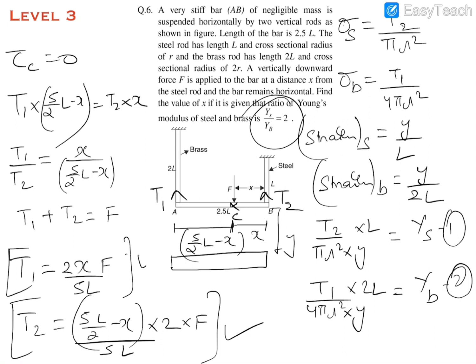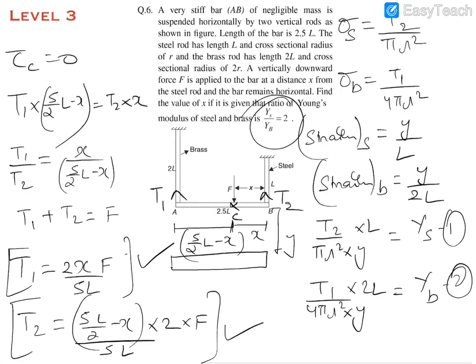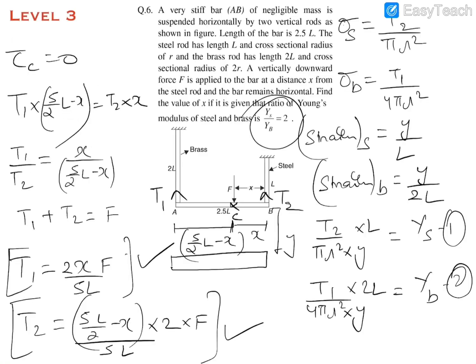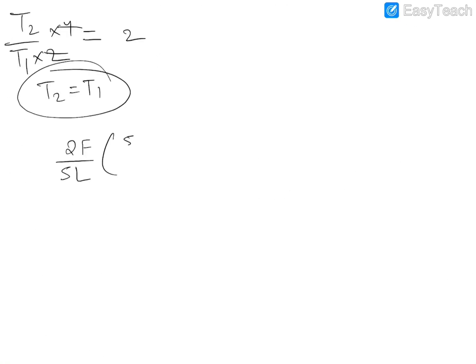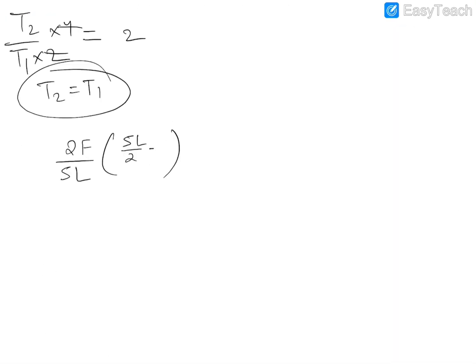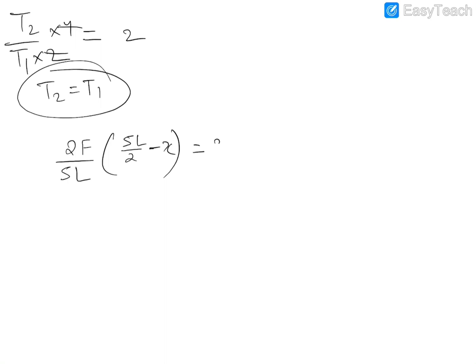And we know that T2 and T1 were these. So T2 is this one, 2F upon 5L into 5L by 2 minus x, and it would be equal to 2xF by 5L.